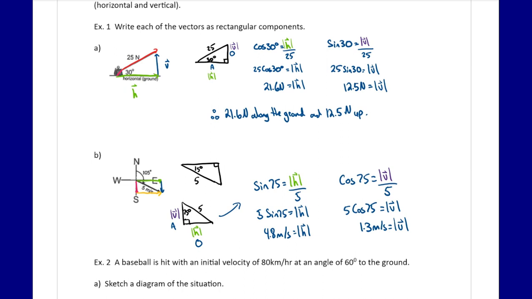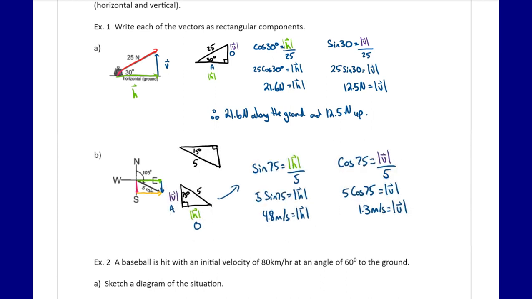So now that I have these two portions, let me just move this up to write a little bit lower. What I can say is that therefore, instead of saying 5 meters per second, 105 degrees bearing, I can say it is 4.8 meters per second, and horizontal in the direction that we're going would be east, and 1.3 meters per second south.